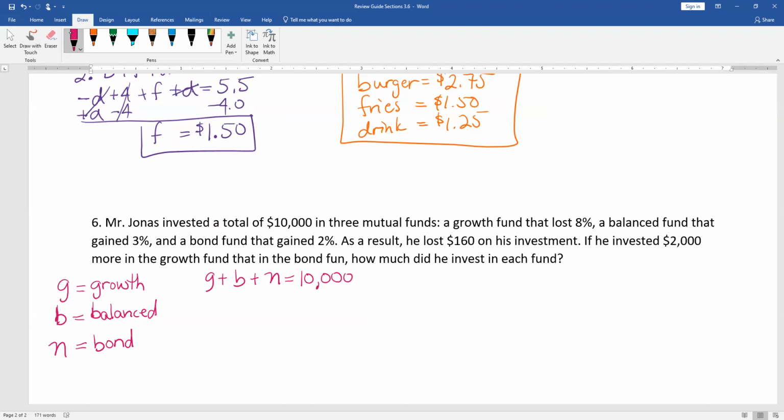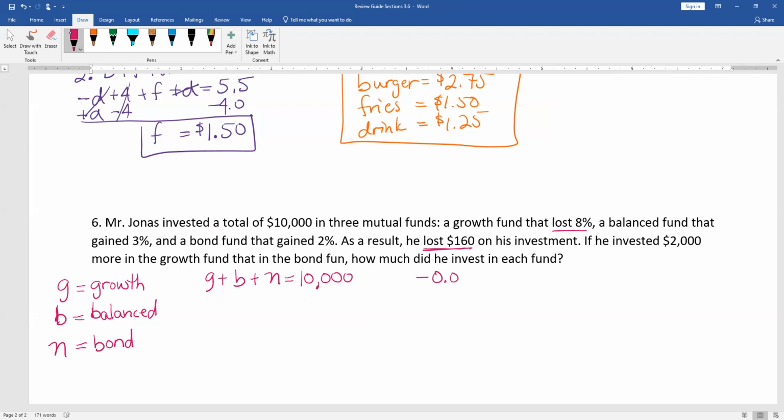All right. The second equation, which I probably should have put first so that I could simplify it, is the one that is a representation of the money he made, or in this case, lost, because he lost $160 on his investment. So that means we got some negatives. Now, we know that the growth fund, he lost 8%. So there's our negative. I'm going to go ahead and convert it to a decimal.